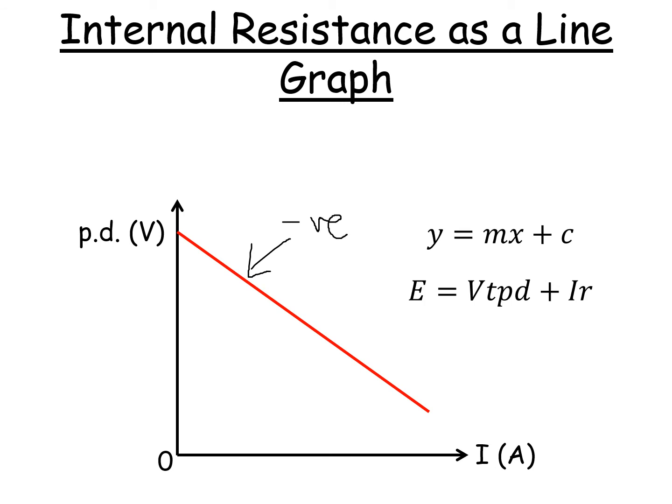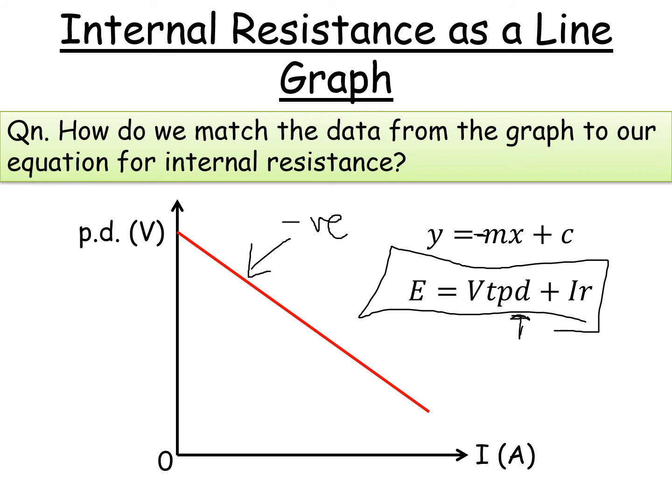Right? It's a negative gradient, right? So that means in our equation here, we should expect to get a minus somewhere in here. So that suggests to you we're probably going to have to rearrange this equation in some way. So let's see how we do that in the next slide.